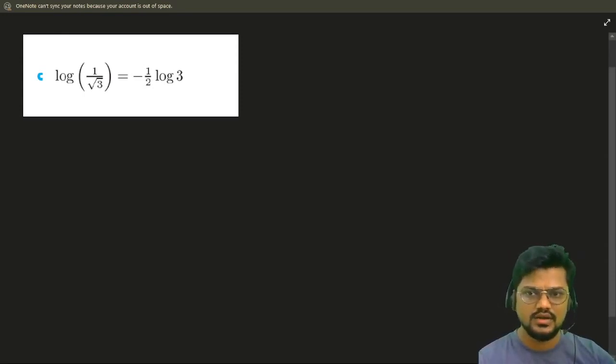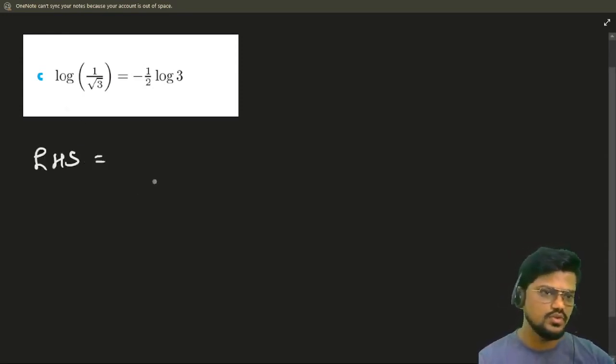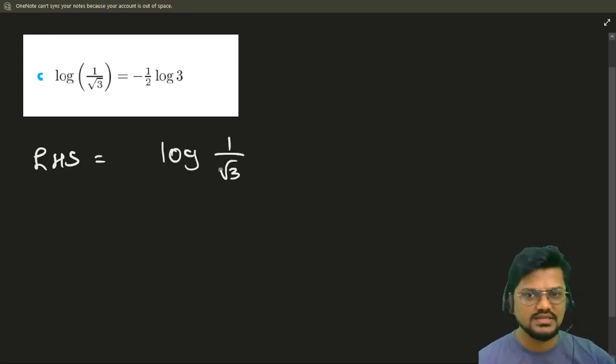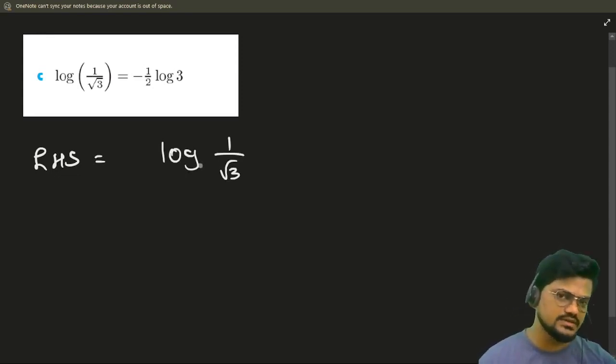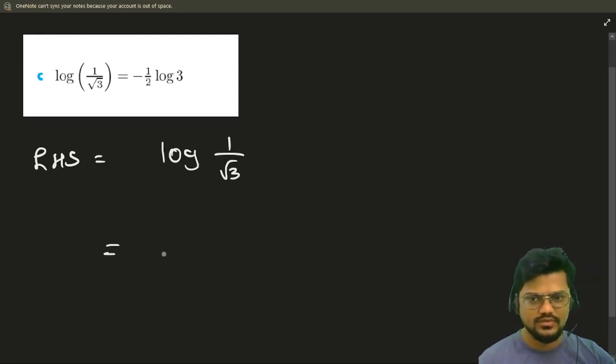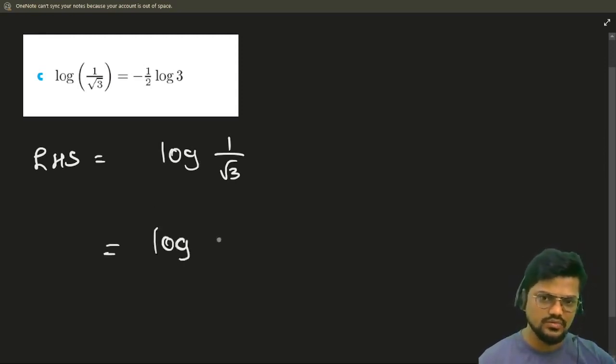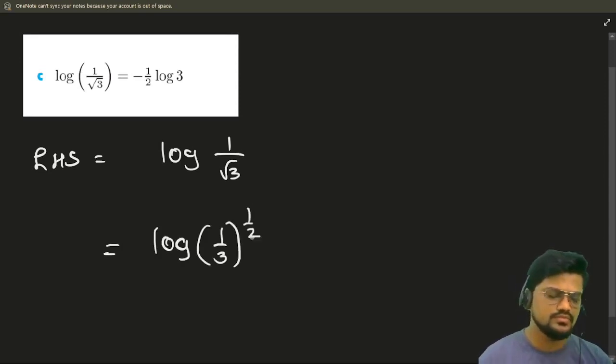Okay, fine. Now see, on the left hand side you can write LHS equals log of 1 by root 3, right? Since there is no base over here, we can consider a natural base, that is e, but no need to write that. Now can I write it as log of 1 by 3 to the power 1 by 2?